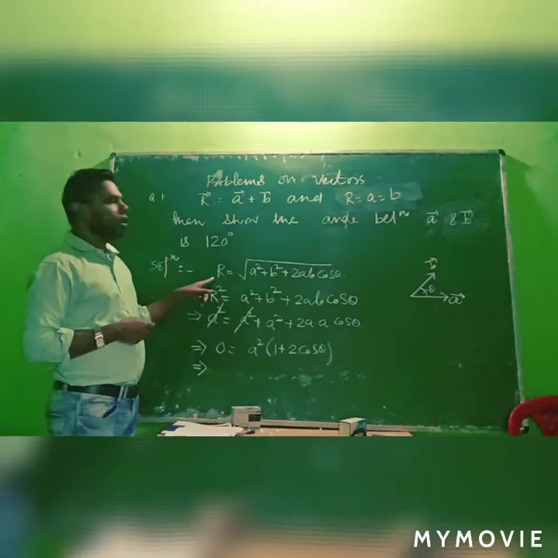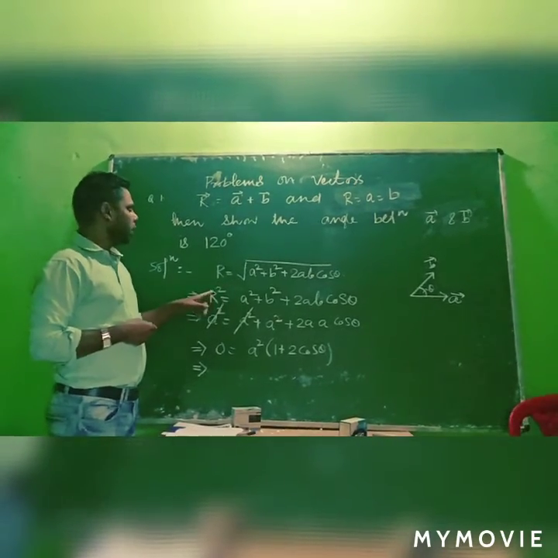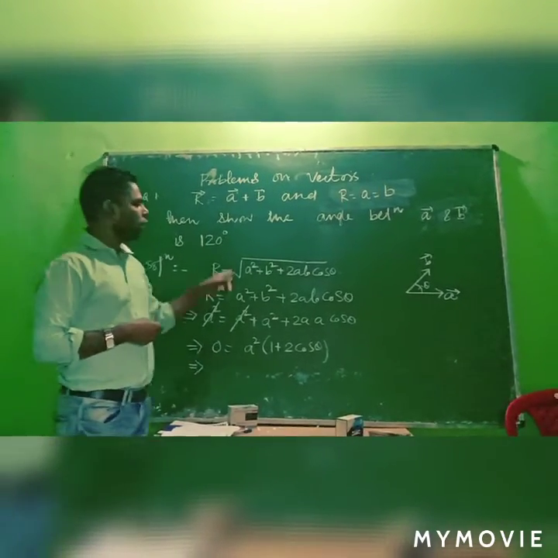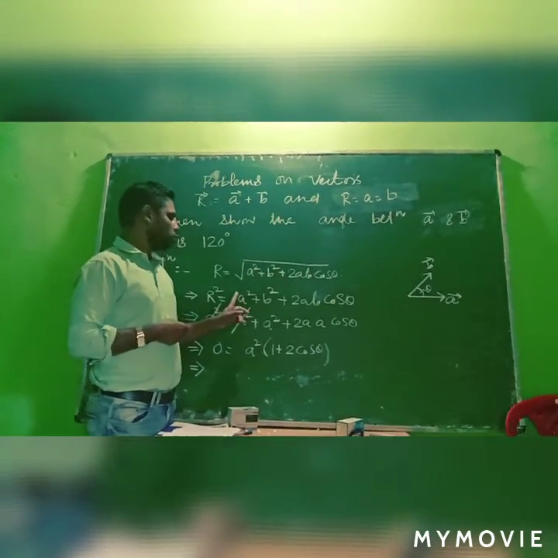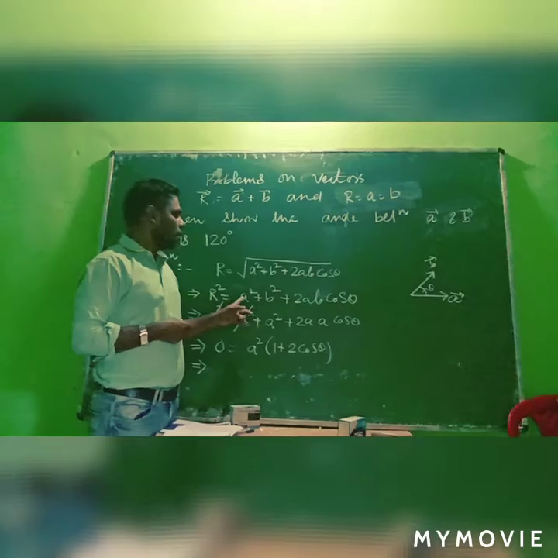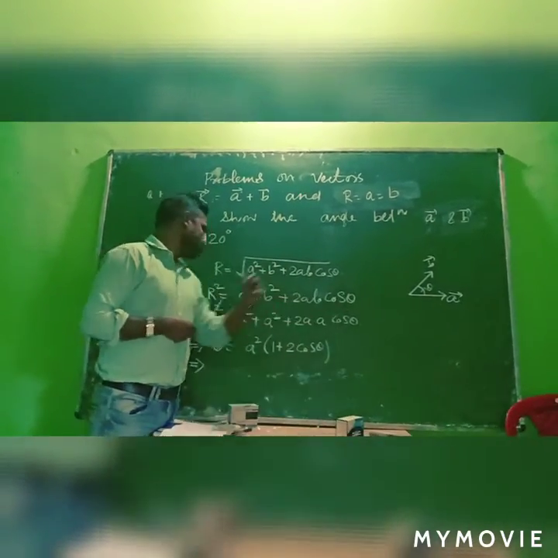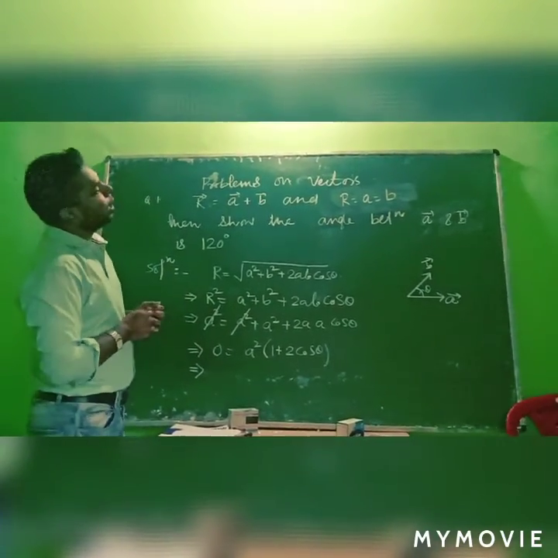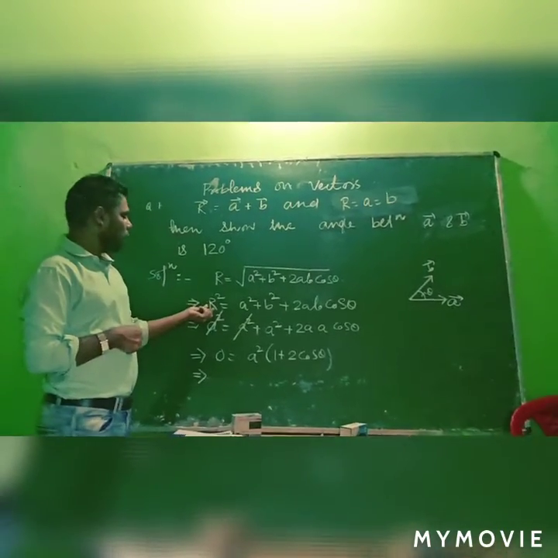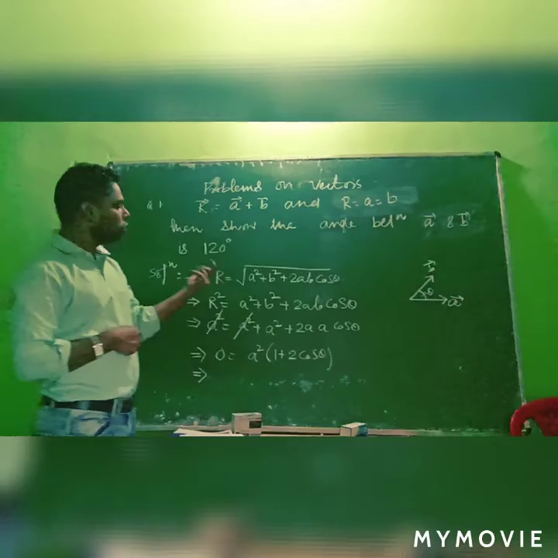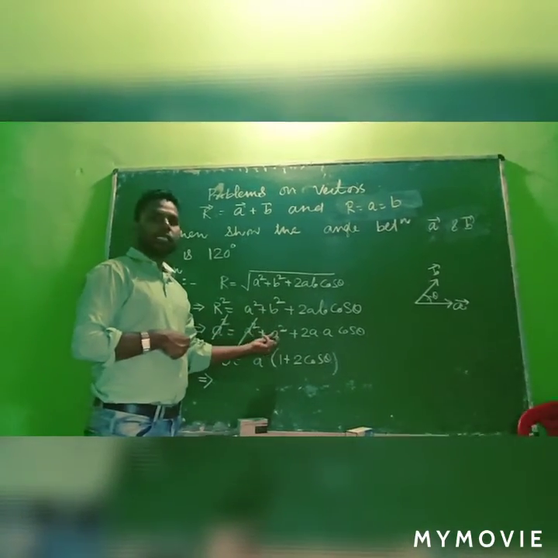So if we square both sides, that will be r square. On squaring the right hand side, the square root sign vanishes. So what do we have? a square plus b square plus twice ab cos theta. Since one condition is given, r equal to a equal to b, you can put the value of r to be a, and we can also put the value of b as a.